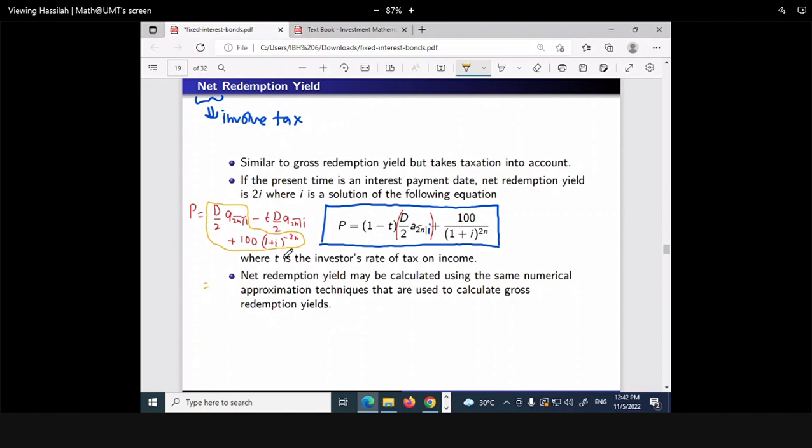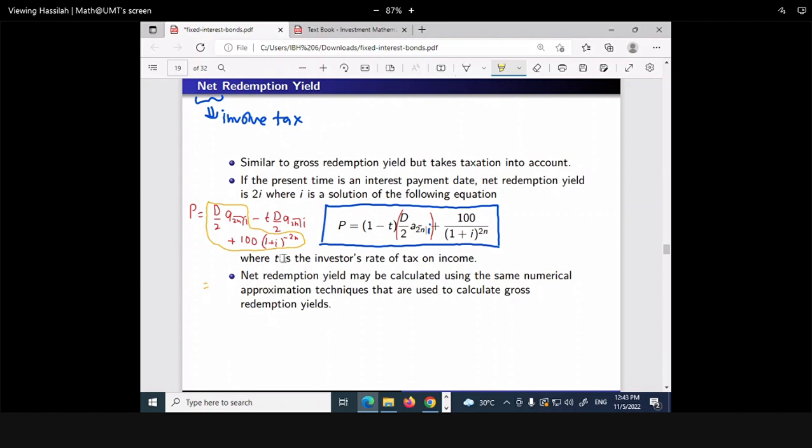Because the highlighted 100 is the last period given, right? The 100 times 1 plus I from before, when we see the timeline, that is the last one, right? So that one we don't count because it is on time. For the previous ones we have to take account of the tax.